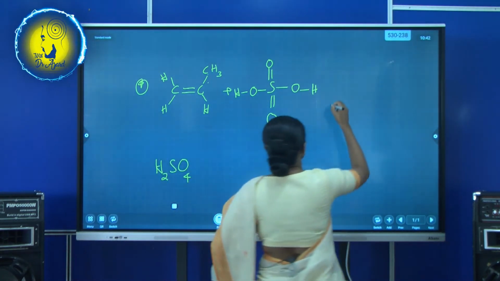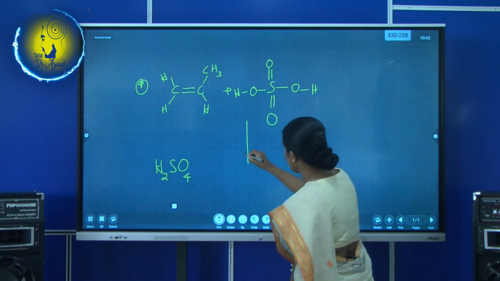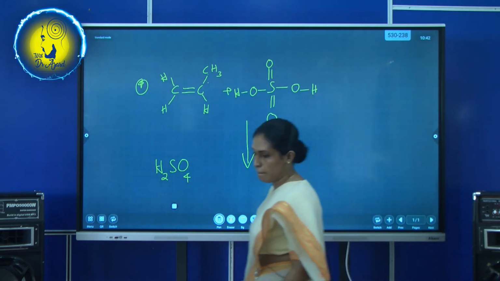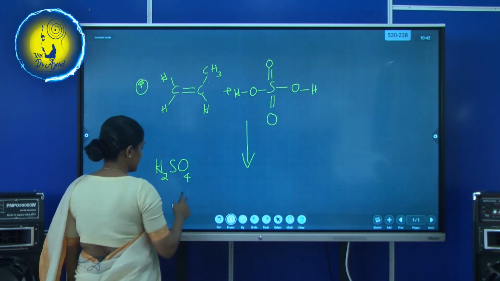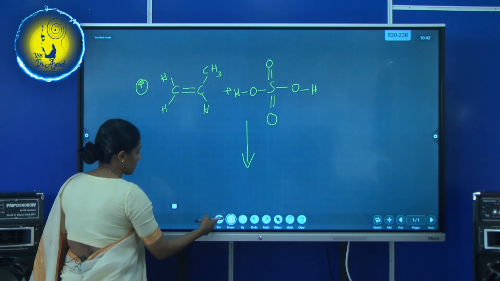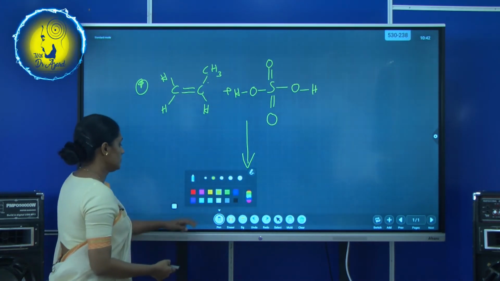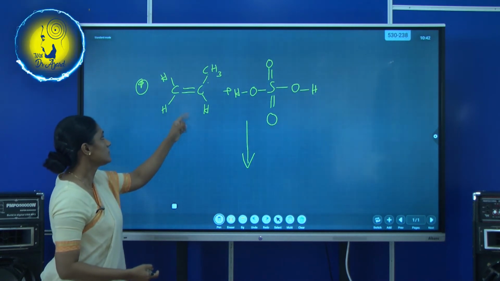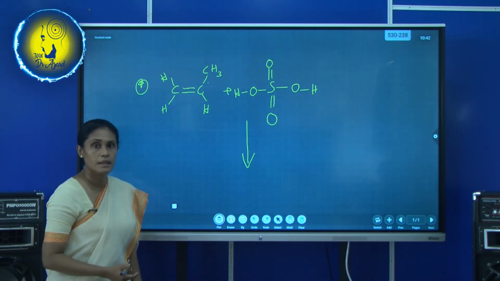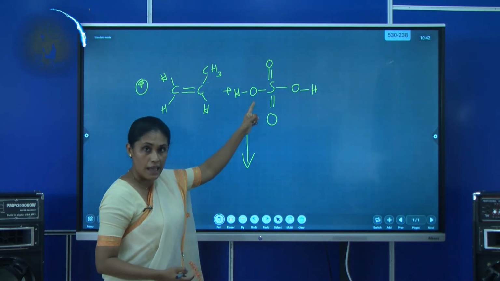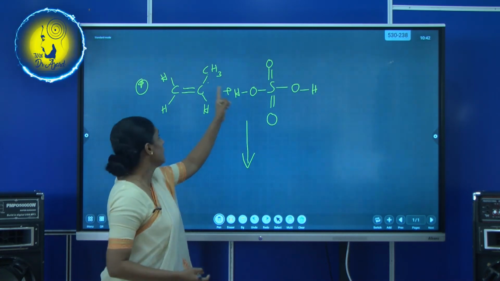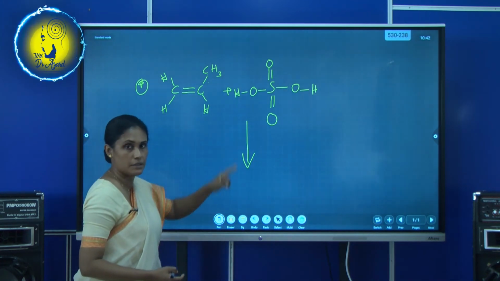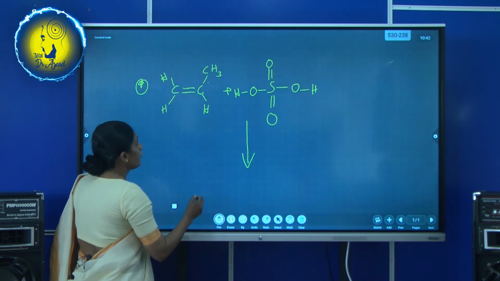Here is the mechanism. Is that all right if I draw it here? It is easy for me because I have more space here than here. Right. Here we go. What will happen? Oxygen has electronegativity, right? And it will affect the double bonding in carbon-carbon. So what will happen? This is the final result.